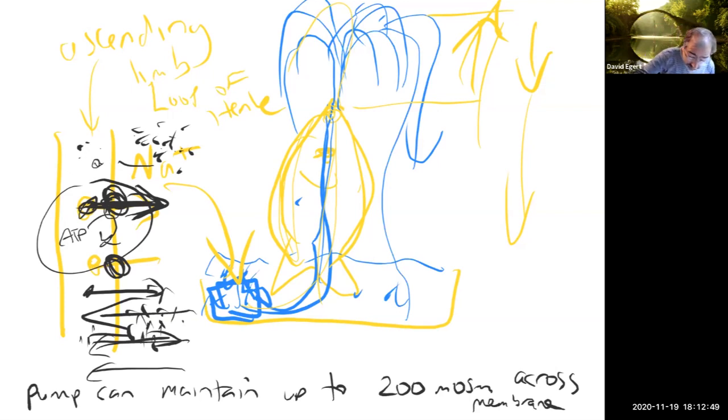So it can be 500 outside and 300 inside, but I can't make it any more. If it's 500 outside, I can't make it even lower inside because there's too much of a force trying to come back in. So the highest difference you can have between the inside and the outside is 200 milliosmolar lower inside than outside.